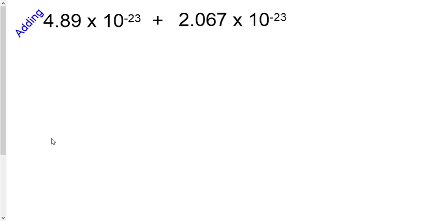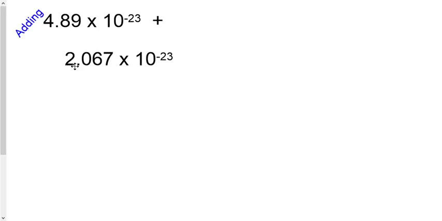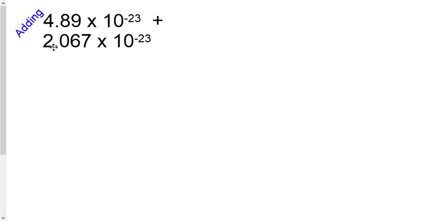So again, when you're looking at adding two numbers that are in scientific notation, if they have the same exponent, and here they do, then basically all you have to do is add the front number. And so I can slide that back over underneath like that, and then just basically go and add.